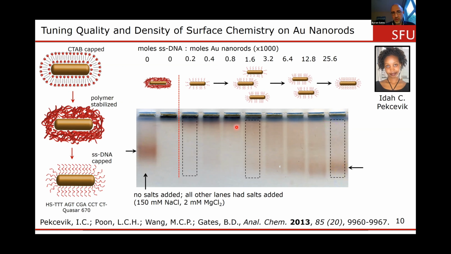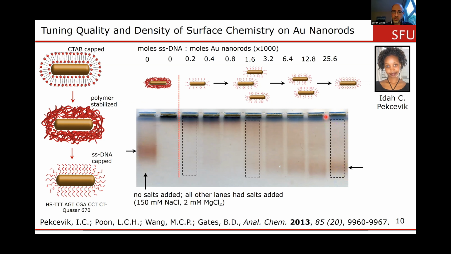There's more and more smearing, but as we get up to higher concentrations, we get a banding that's very similar to what we started off with for the polymer coated rods that were dispersed without salt. And so the salt is leading to some aggregation when we have an unstabilized surface.